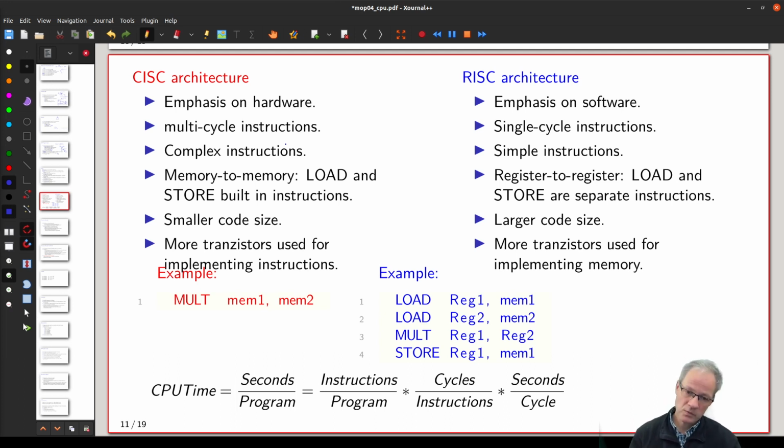From the CISC world, people may say, well, with simple instructions you're going to need a lot of them to do what we do in just one instruction. How can you be better than us, right?